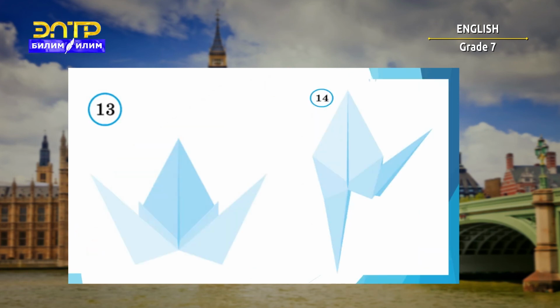In the next step, fold each leg up at an angle.